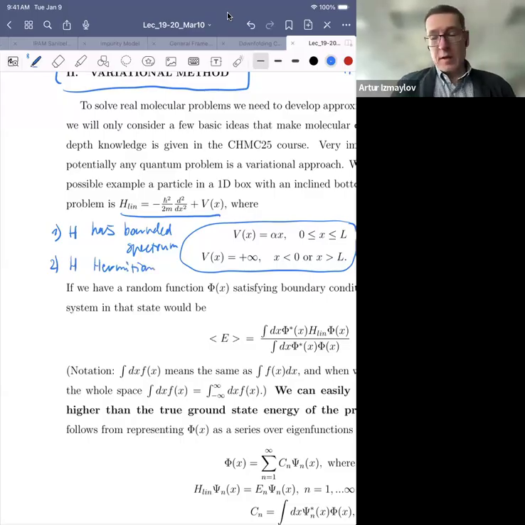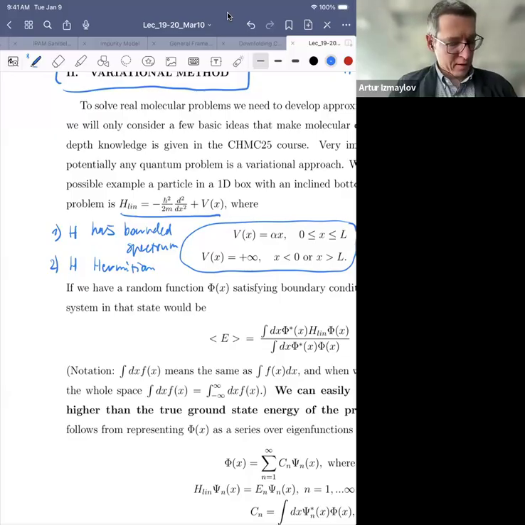Okay. Now, are these conditions clear? If they're clear, then let's see if that's indeed the case. Tell me an example of a Hamiltonian with a spectrum that is not bounded.